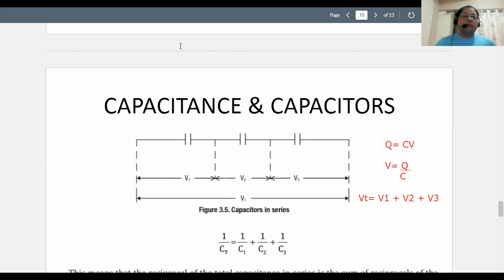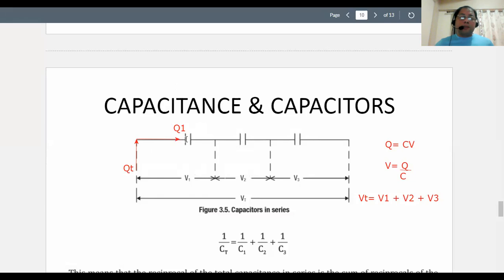Now, what we notice for the charge is this: the total charge Q, or Q sub T, is the charge coming from the battery. This charge enters capacitor 1, where you can call the charge Q sub 1.